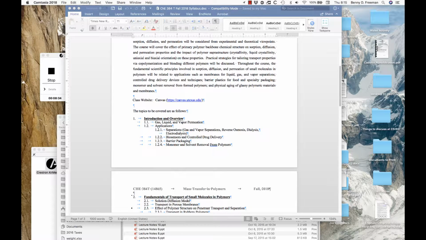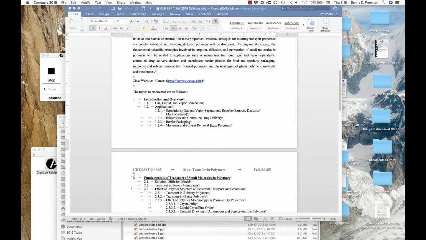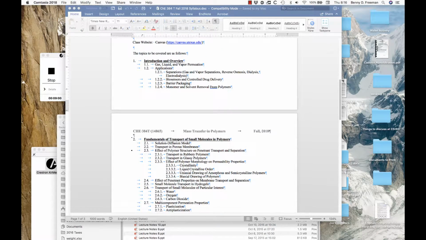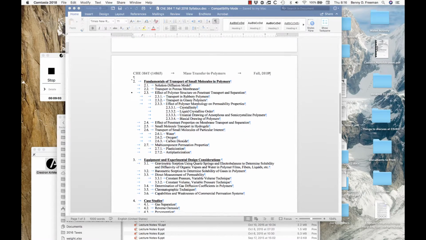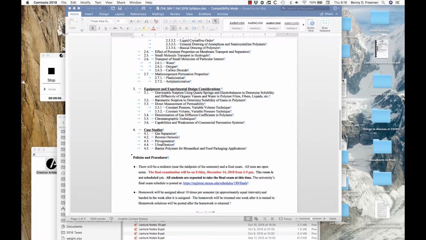And I hope that we'll cover not only the fundamentals of how the science works in this area, but we'll also talk about applications, and we'll bring forward the basic science and show you how it applies in real situations and how to analyze systems like gas separations and water purification, controlled drug delivery systems. We'll talk about a variety of separations. I wouldn't worry about all of the information, it's on the outline right now.